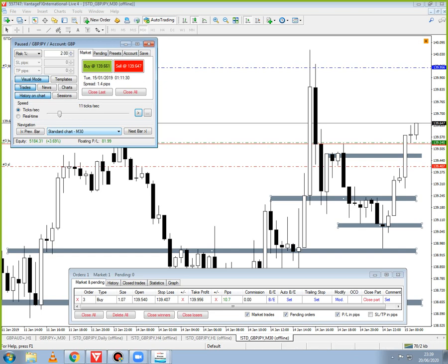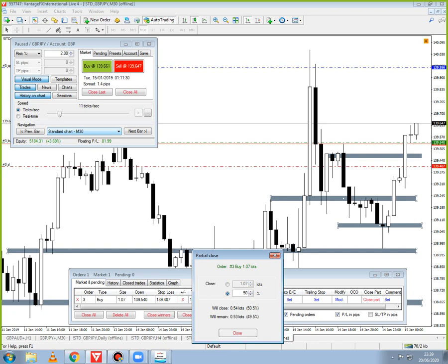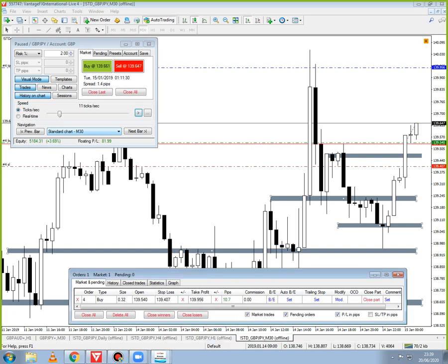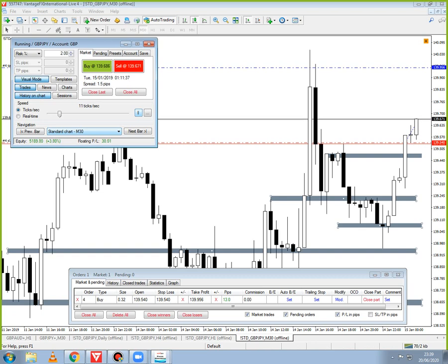So what I'm going to do once again is close 70%, and we're going to let the rest run at break even. Probably just wait for this, see what this candle does, and then decide where we're going to close runners.